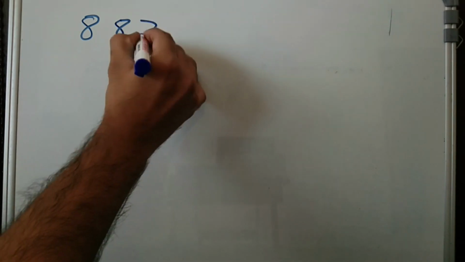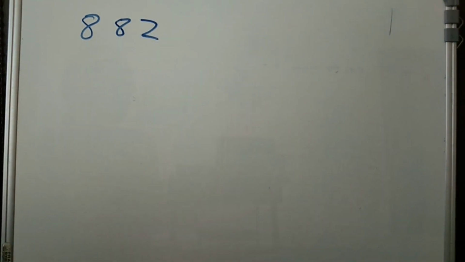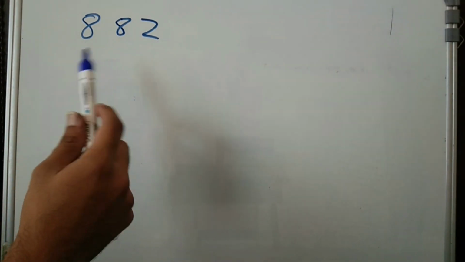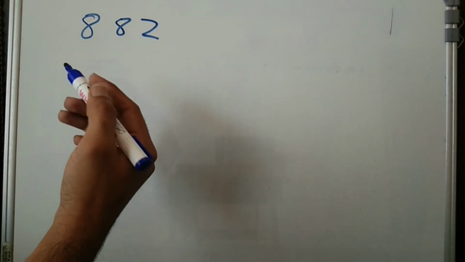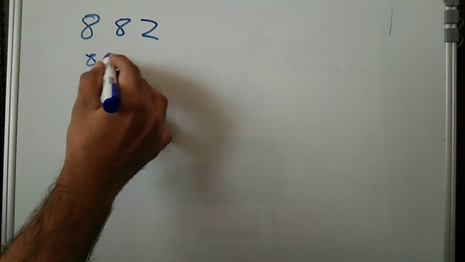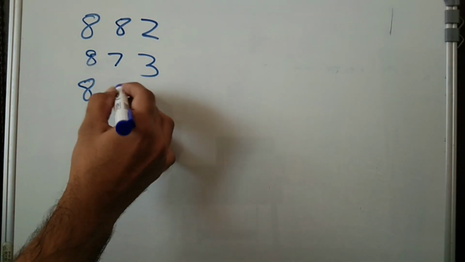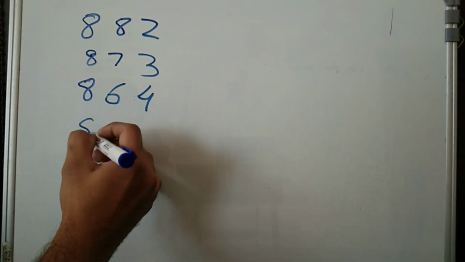So if 8 is the longest side possible, what could be the other sides? It could be 8, 8, 2, and the sum of the two sides must be greater than the third side, which we need to keep in mind always. Then other triangles can be 8, 7, 3, then 8, 6, 4, and 8, 5, 5.